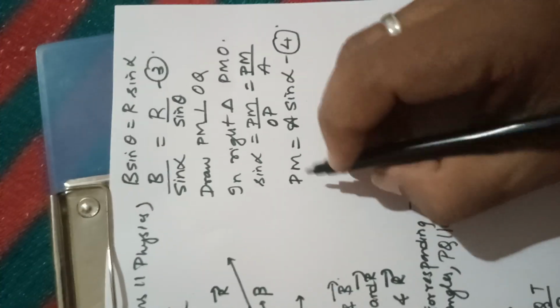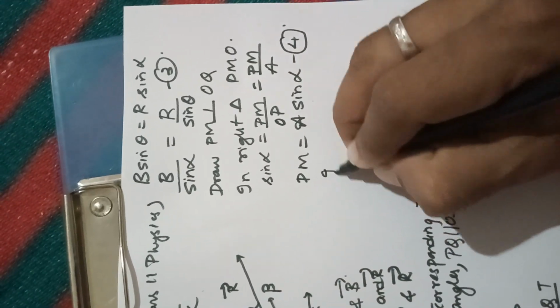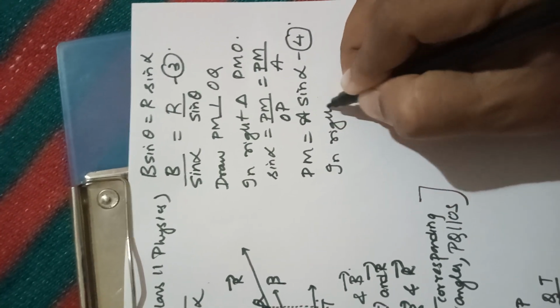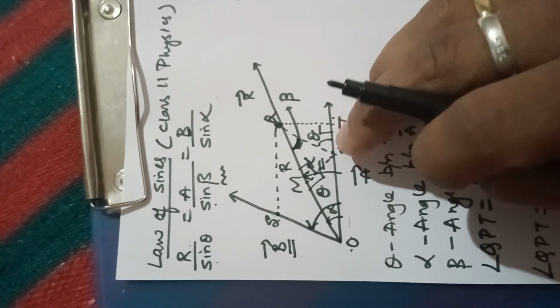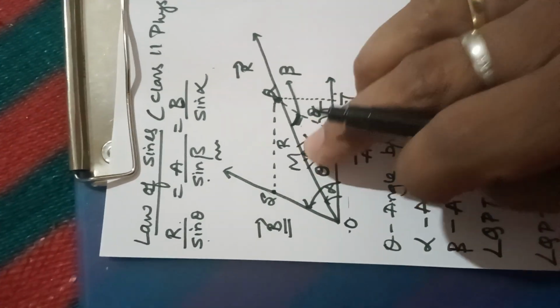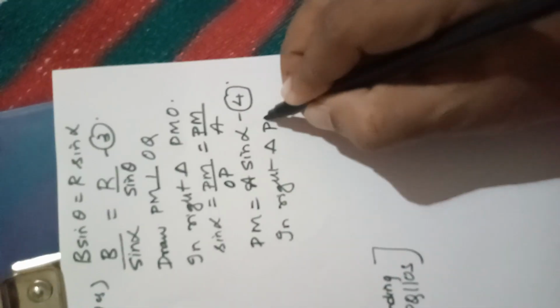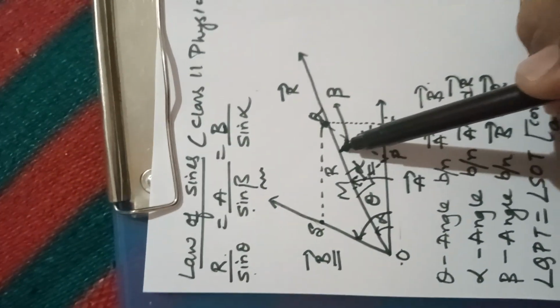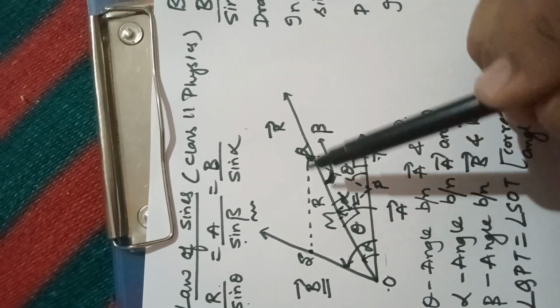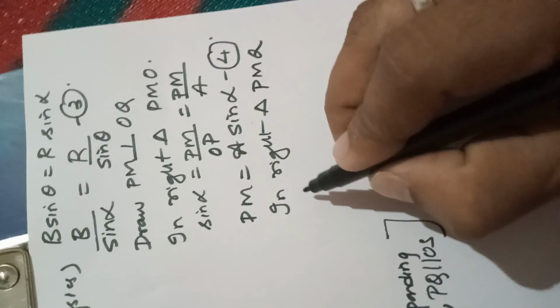Now we will take another right angle triangle where PM is involved. So in right triangle PMQ, because we have sine beta here, and beta is part of this triangle PMQ, let's take sine beta.